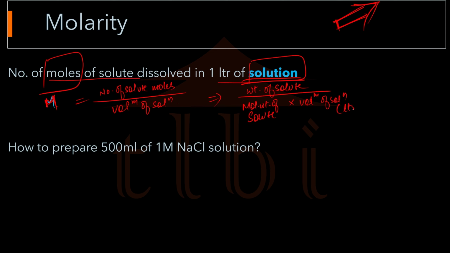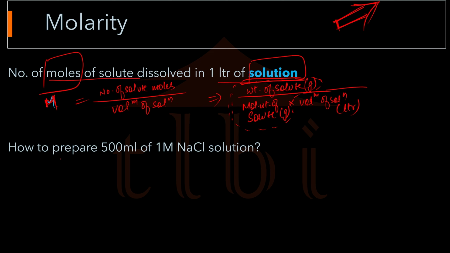This will be in liter, this will be in grams, this will be also in grams, right? So this entity itself here will tell you how many moles are present.